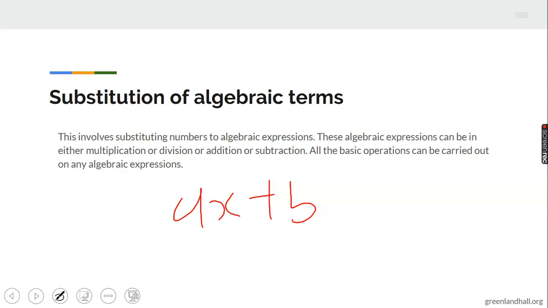All the basic operations can be carried out on any algebraic expressions. But what we are going to do is how to substitute the values of the terms into the algebraic expressions. Okay?